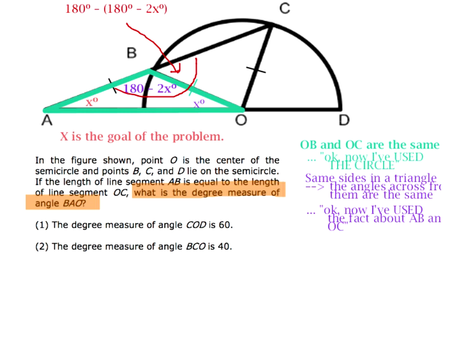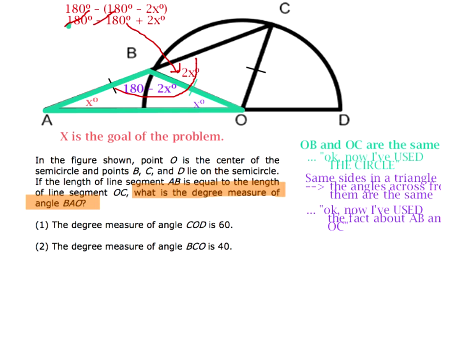So that's 180 minus 180, which goes away, plus 2x, because you have to distribute that subtraction. So those are going to be goners, and you're going to wind up with 2x left over.